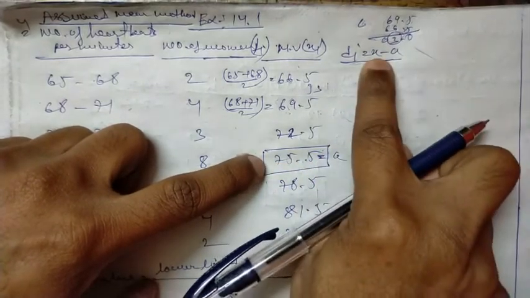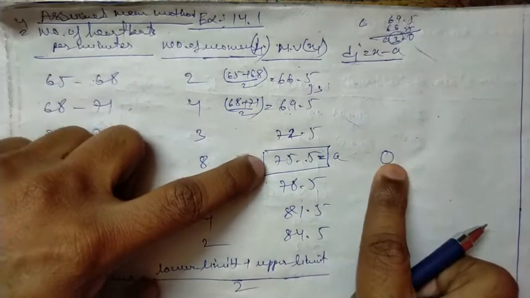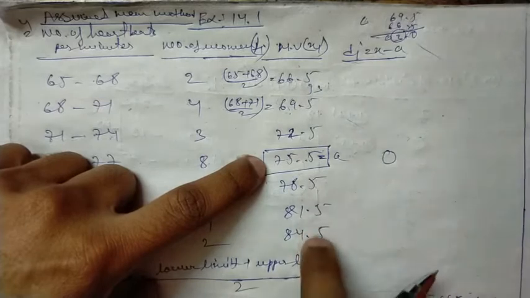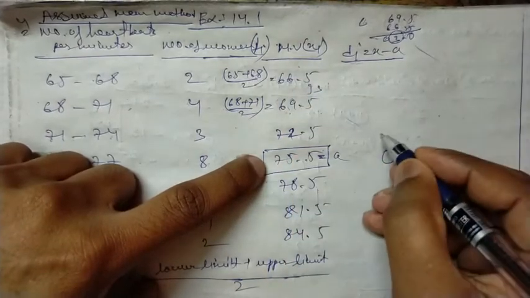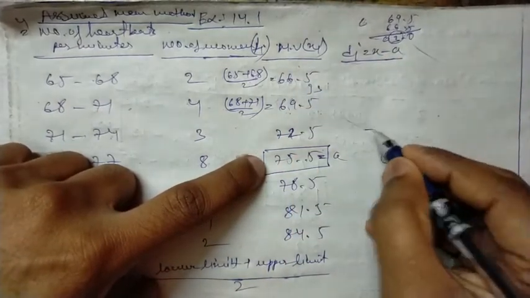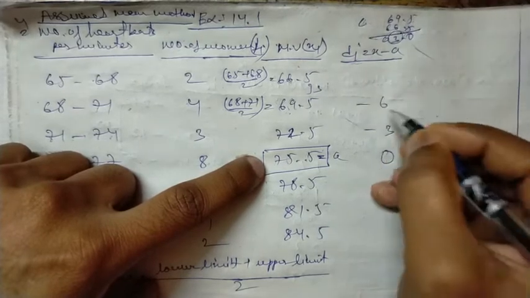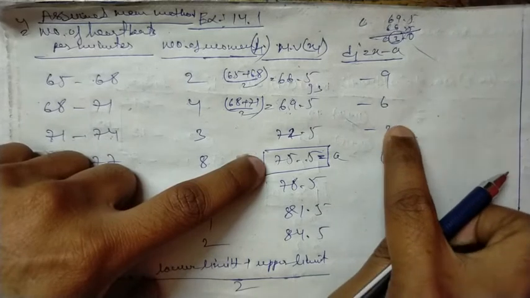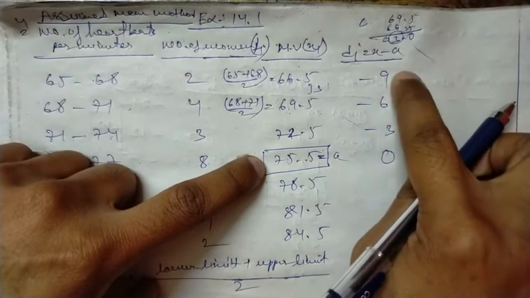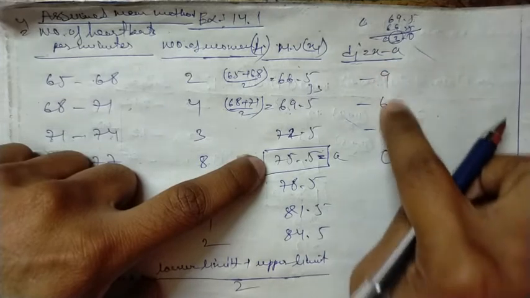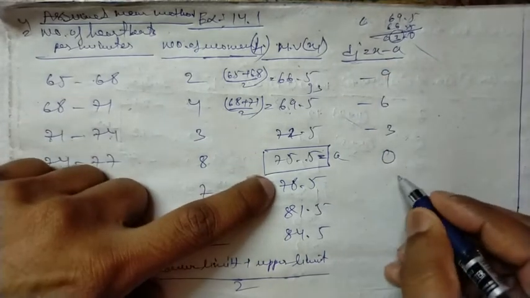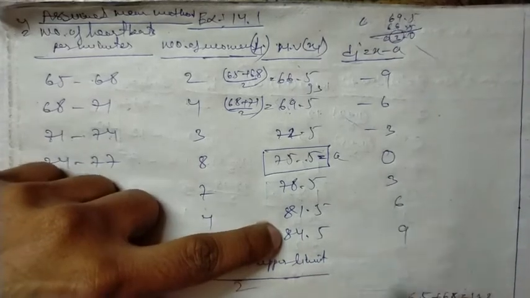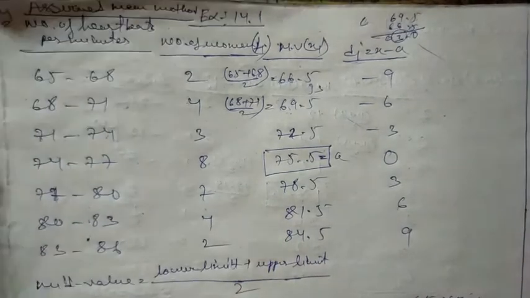If you subtract, you get 0, and as you know the gap is 3 between these numbers. So after calculating you will get minus 3, minus 6, minus 9, because it keeps increasing by 3. Upside there will be negatives and downside positives: 3, 6 and 9.